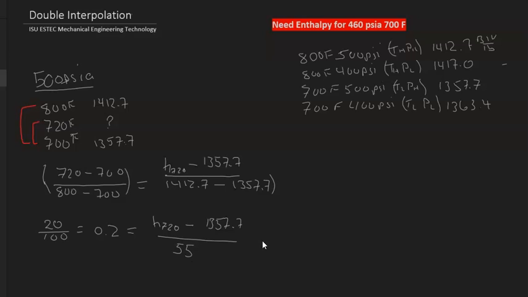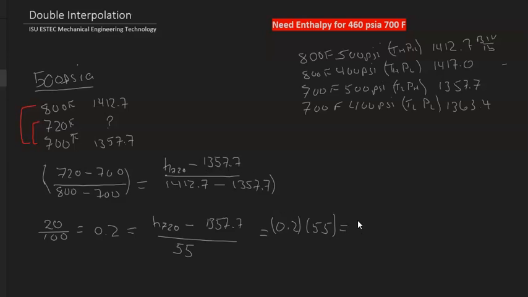And that means we're going to end up with our 0.2 times 55, which is that value right there. And then we're going to need to add this number back over.